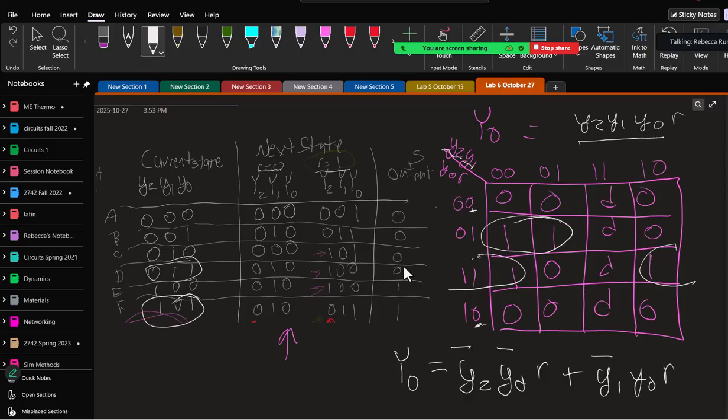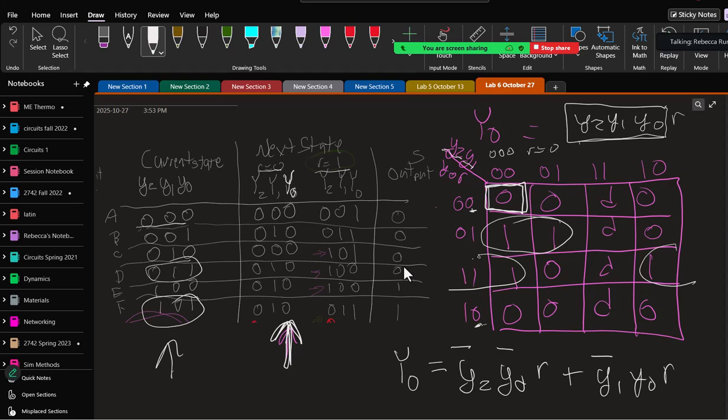And then I look at y2, y1, y0 in my chart over here to figure out, in this instance, I'm doing y0. y0 is the third number in this column right here. So when I am looking to fill out what goes in this box, that's when y2, y1, y0 is 0, 0, 0, and r is 0.